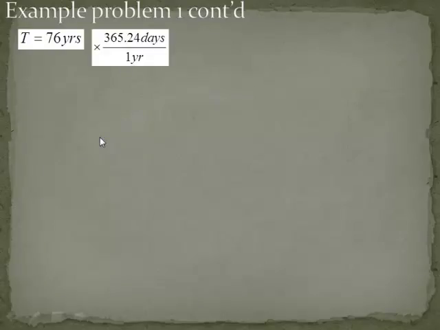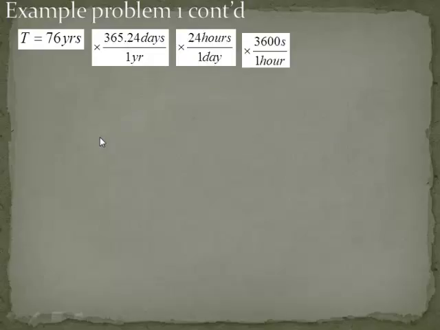So there's 365.24 days in a year, there's 24 hours in a day, and 3,600 seconds in an hour. So that cancels out, that cancels out, that cancels out. And we end up that 76 years is equal to 2.4 times 10 to the 9 seconds.